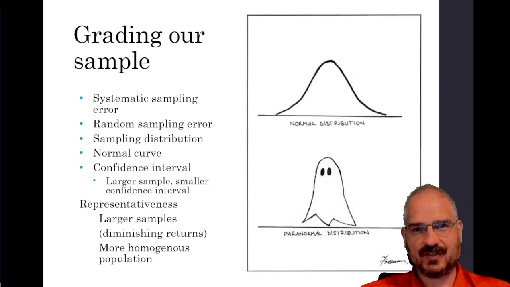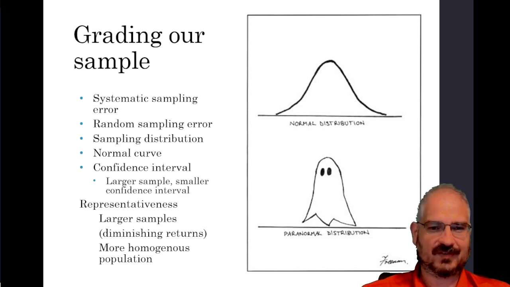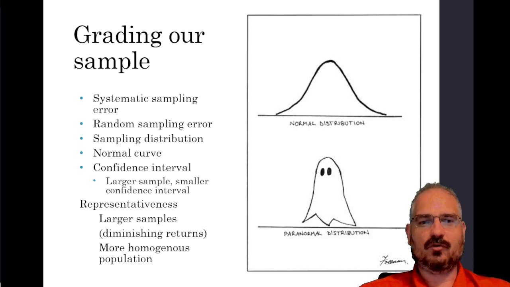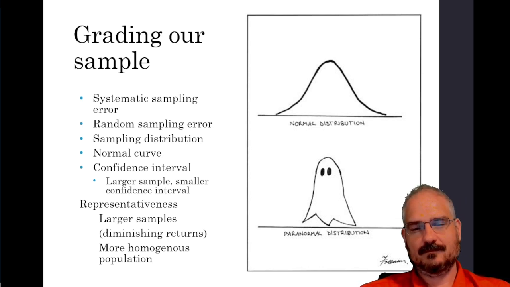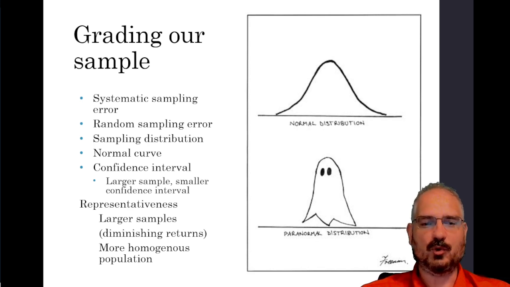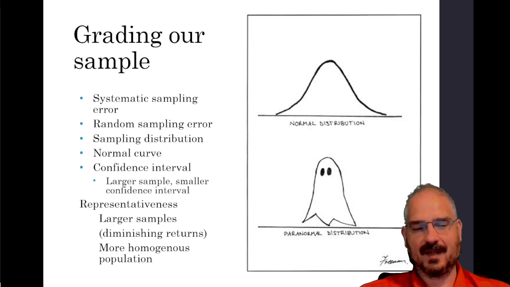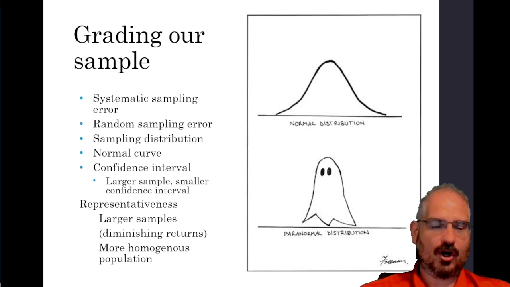Now, once we have our sample, whether it's a probability sample, non-probability sample, whatever, we have to kind of grade our sample. How well did we do getting a good sample of our target population? Well, here's where the problems come in. There are two kinds of error.